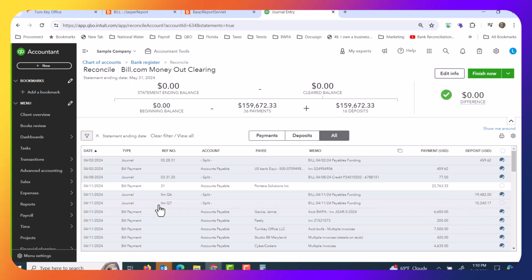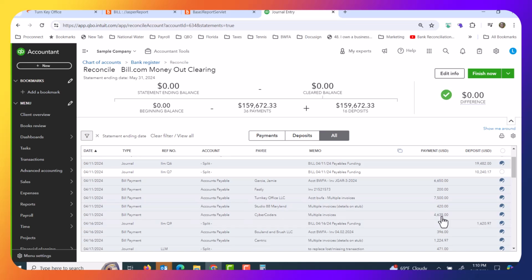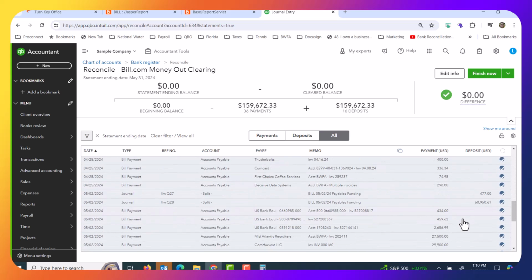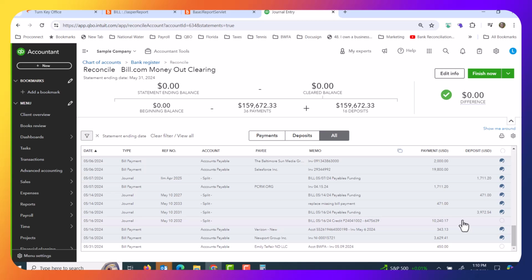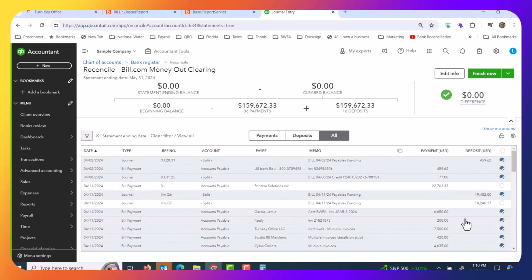This funding event on 4/11 was used to pay a bill for this amount. It's not in the ledger anymore because it's been voided by Bill.com. Okay, so this is complicated because you don't know who the vendor is. So one way to find it is you go back to this funding transaction detail report for 4/11 and you look for this transaction.